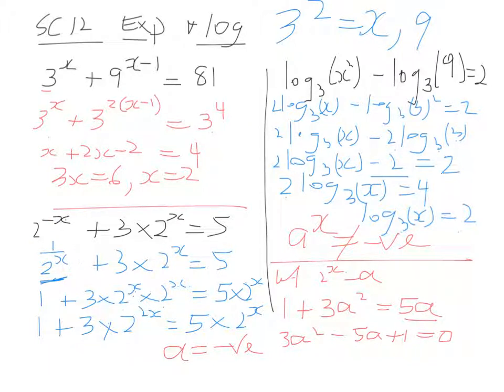Multiply both sides by 2 to the power of x in this case. And here, once again, the two bases are the same, so we add the powers. x plus x gives 2x. From there, we let a equal 2 to the power of x, and we end up with a quadratic. And like I said, if we end up with a negative, it cannot equal this thing.